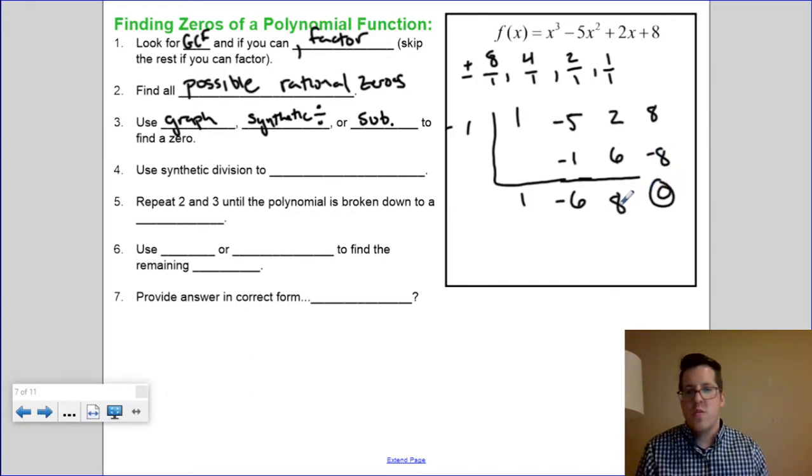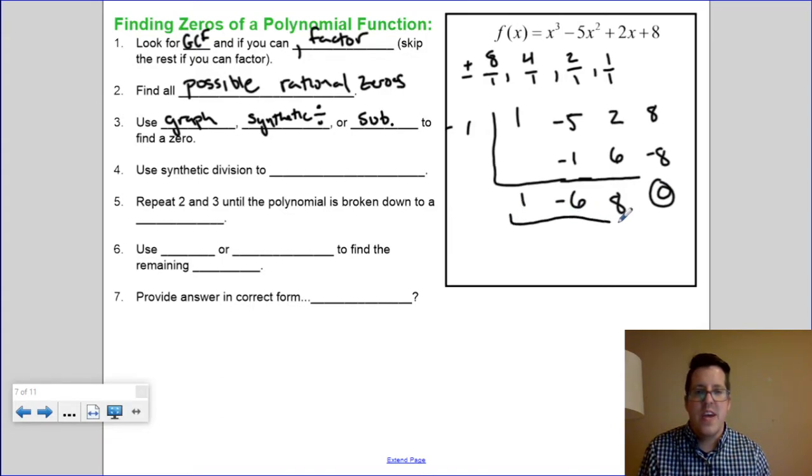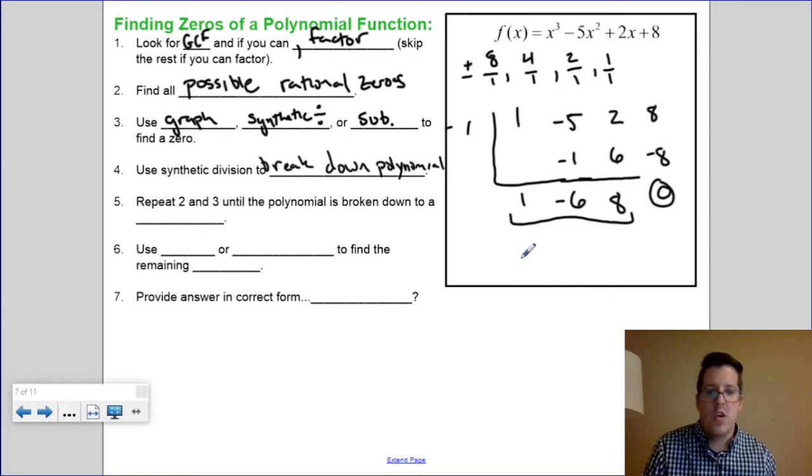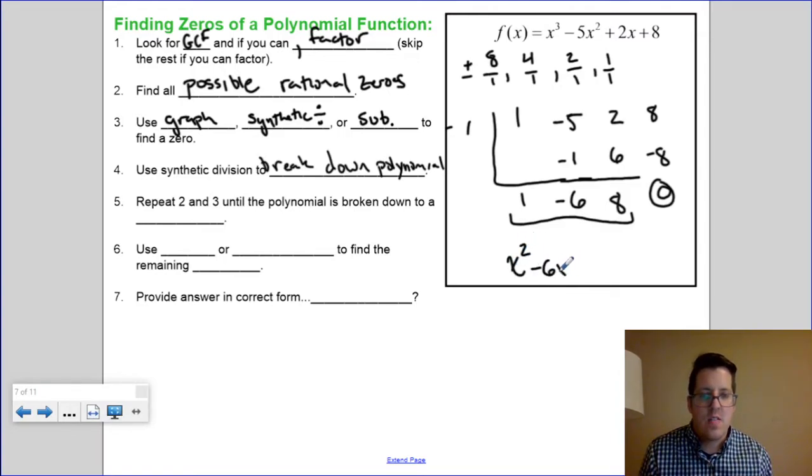So you want to use synthetic division to find the 0 and then use synthetic division to break down the polynomial. Now what does that mean? Well, it means to write it as whatever the quotient is. So in this case, it would be x squared minus 6x plus 8.